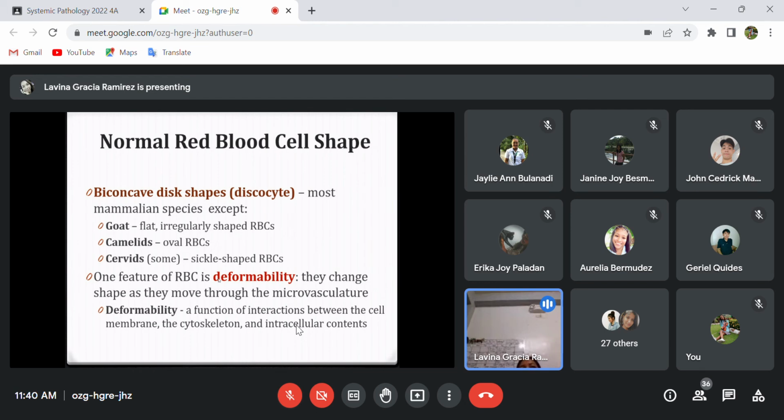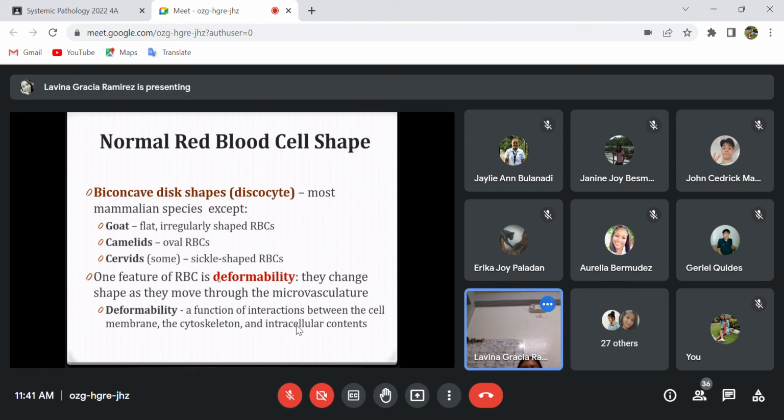Okay, so magkakaroon tayo ng high volume of RBC. These RBC move because of the structures of their cell membranes, of the deformability. Ito yung process. So, the interaction between the cell membrane, cytoskeleton, and intracellular contents. So, ito yung flexibility of RBC to some extent.